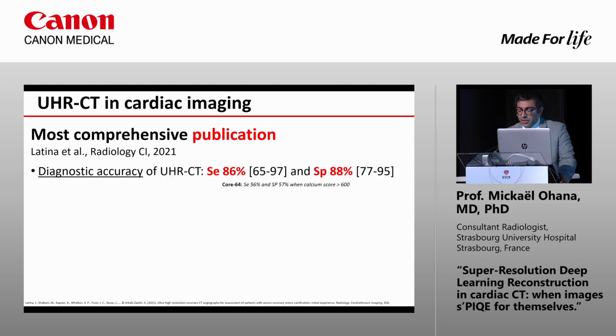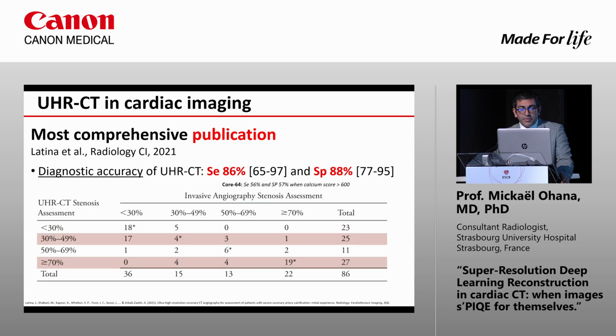And in the end, in comparison to invasive angiography, the diagnostic accuracy of UHR-CT was good to excellent, with a sensitivity of 86% and a specificity of 88%. In comparison, there are data from the CORE 64 study in patients with calcium score above 600, where the numbers are worse than this.